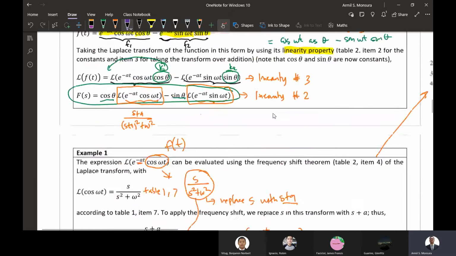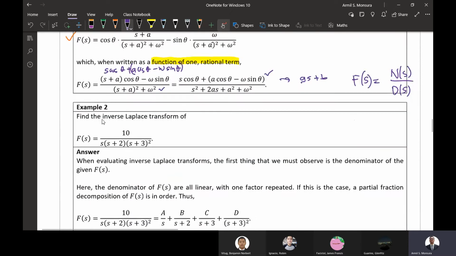Okay? Dito naman, sa inverse Laplace transform, okay? In the problem of inverse Laplace transform, bibigyan naman tayo ng F of s, okay? We will have to transform it back to f of t. Okay?